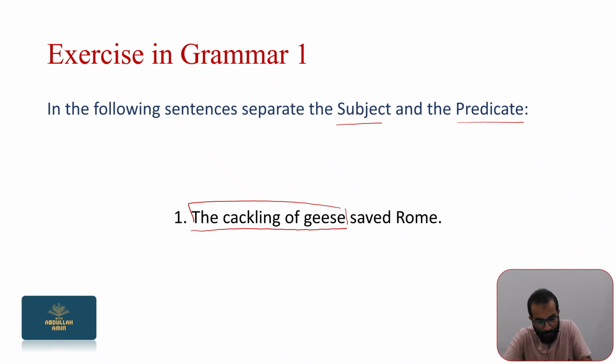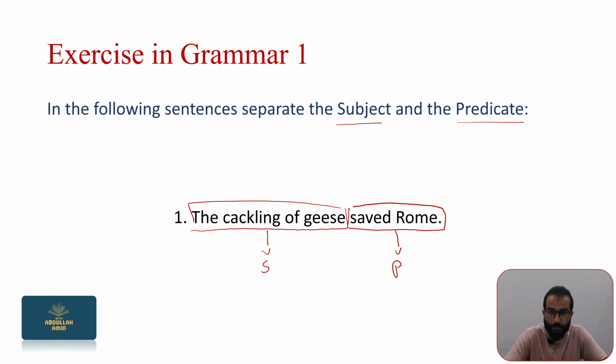What I will do, I will just write S under the subject and P for predicate. So this first part, the cackling of geese, is the subject, and saved Rome is the predicate in this example.